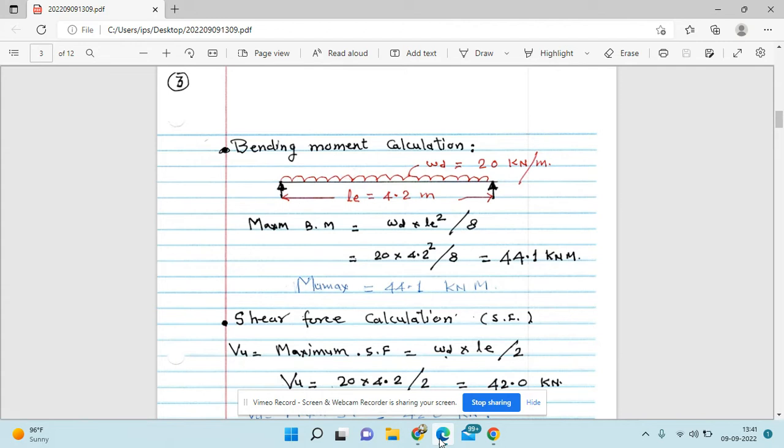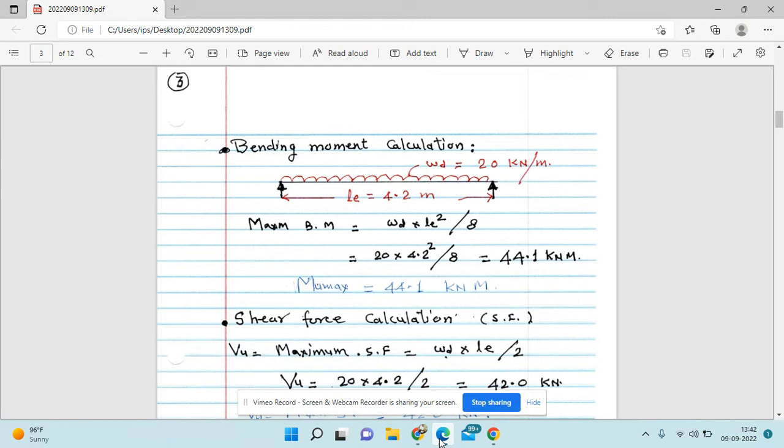Effective span 4.2 and design UDL is taken as 20 kilonewton per meter over the entire span. The maximum bending moment for a uniformly distributed load over the entire span L is WD LE square upon 8, where WD is taken as 20 kilonewton per meter and LE is taken as 4.2.